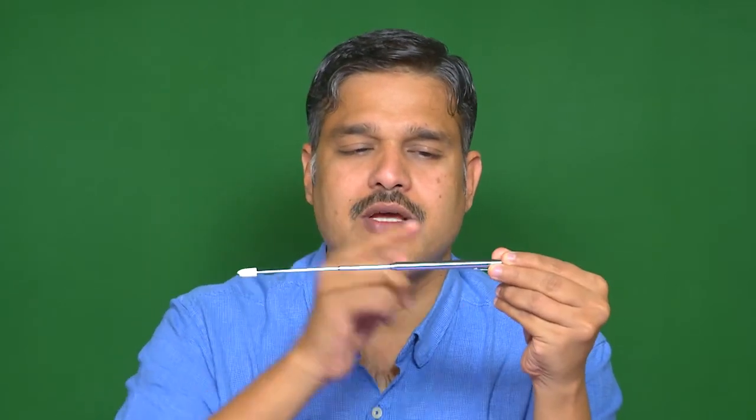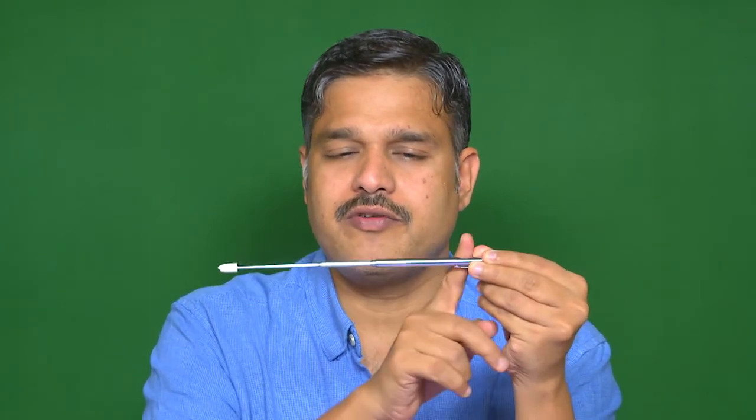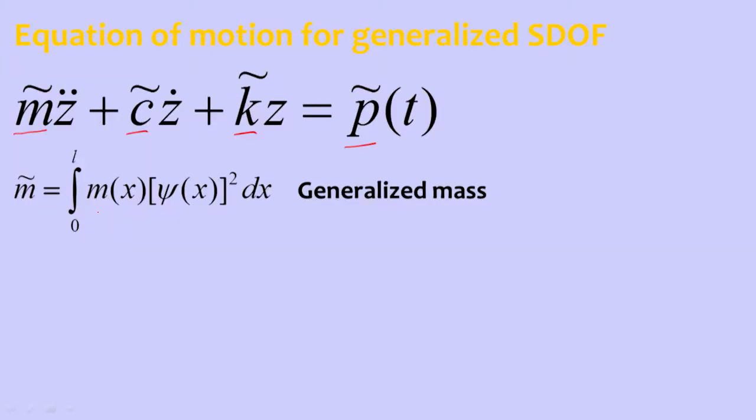So mass also can be a function of x. So m of x into psi of x whole square. What is psi of x? Psi of x is a shape function, or we can also call it a displacement or deflection profile, and then dx. So integrating over the length will give the generalized mass.